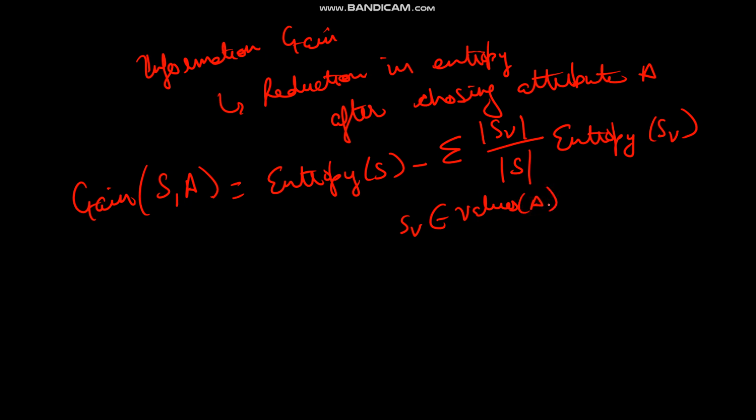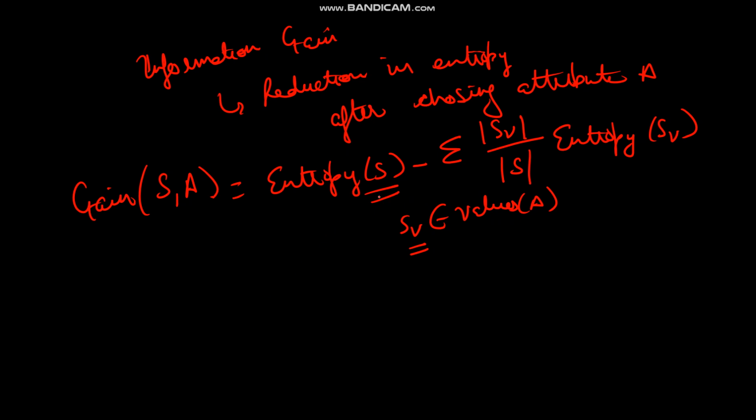Now suppose we are considering an example in which we calculate these values, and the attribute is outlook, or it may be temperature. All these values will go here, and entropy is simply whether someone will play tennis or not, based on that.